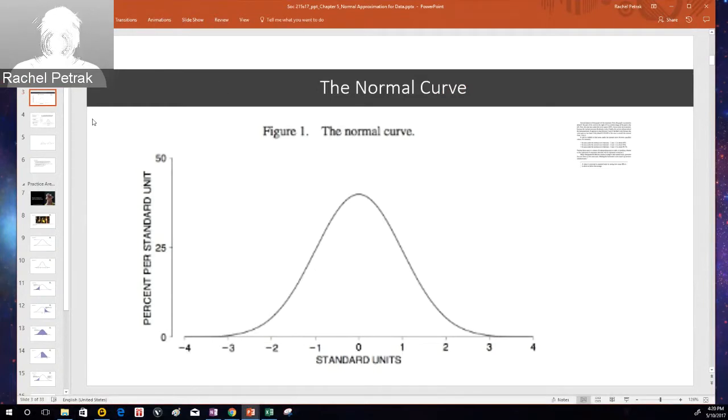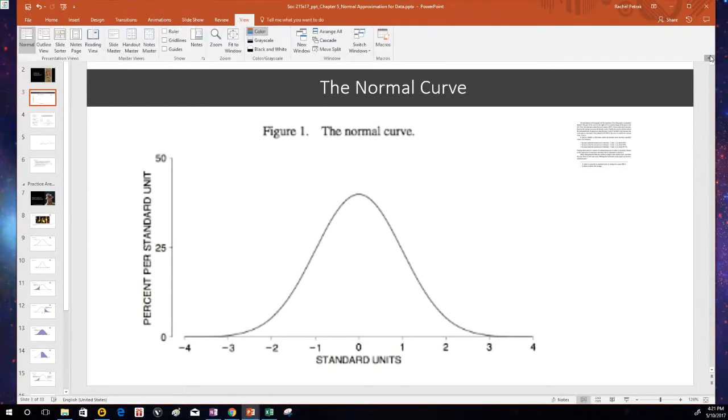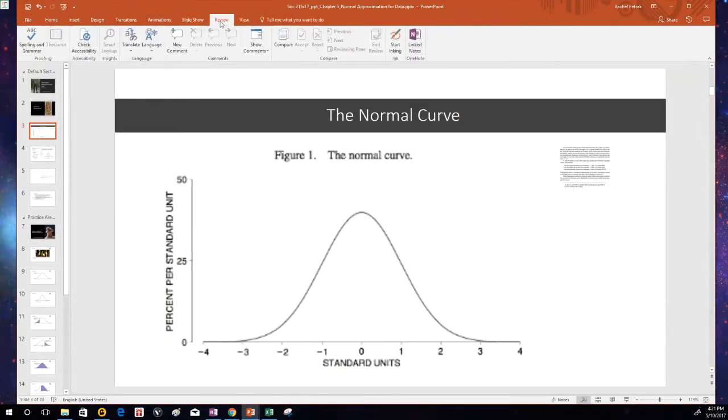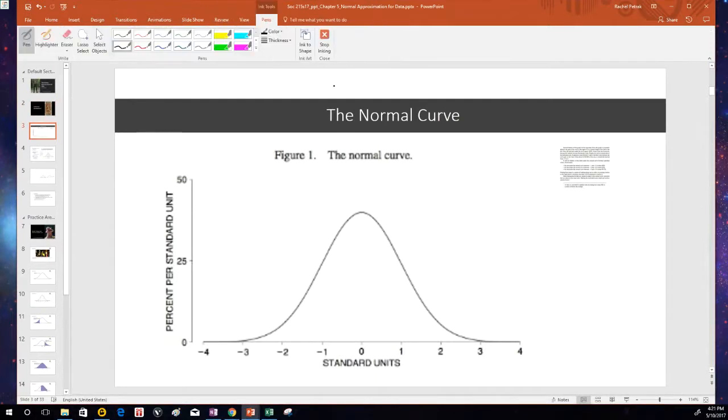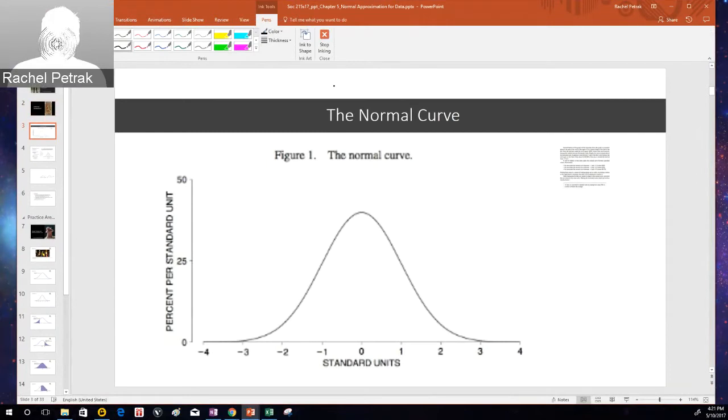Before we think about those variables, let's look at some qualities of this normal curve, and in fact all normal curves, because they all have the same properties. The first thing to notice about this distribution is that it's symmetrical.